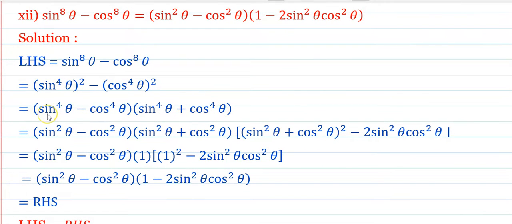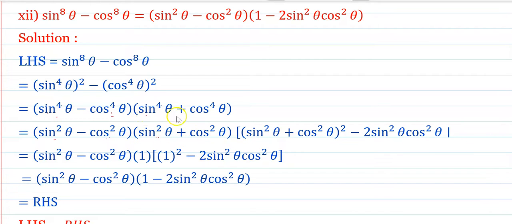Again, sin theta raised to 4 minus cos theta raised to 4 can be written as sin square theta minus cos square theta into, second bracket, sin square theta plus cos square theta. Okay.